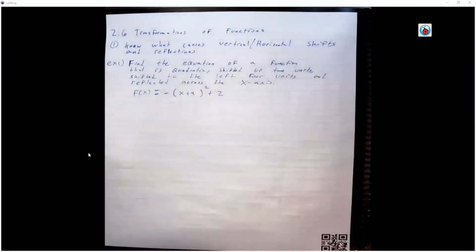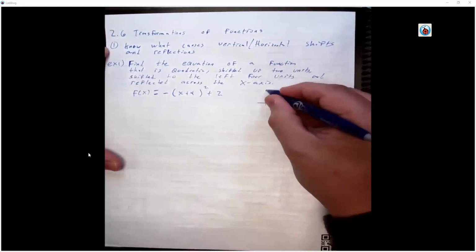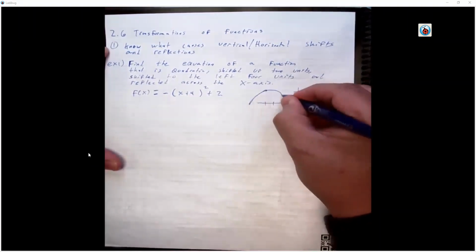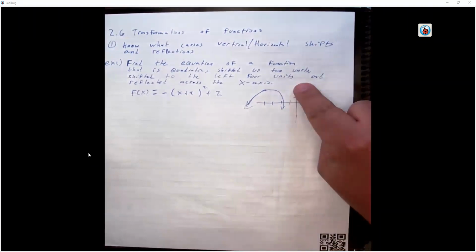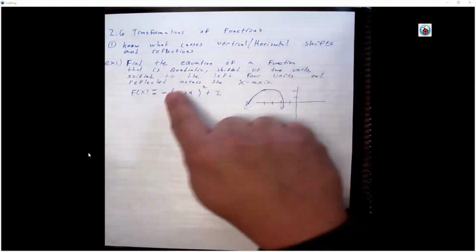This minus, yeah, reflects up and down. So if you were to graph it, it'd be over here 1, 2, 3, 4, 1, 2, opening downward, something like this. So assuming that the original would be in the middle, up to 4 units this way, minus.